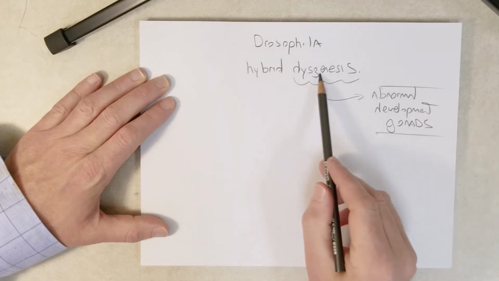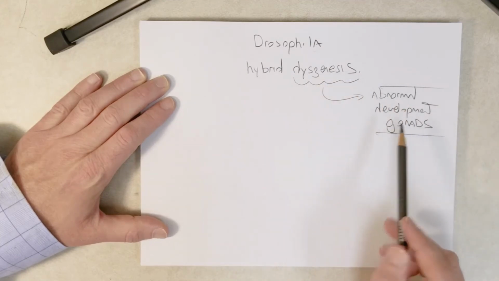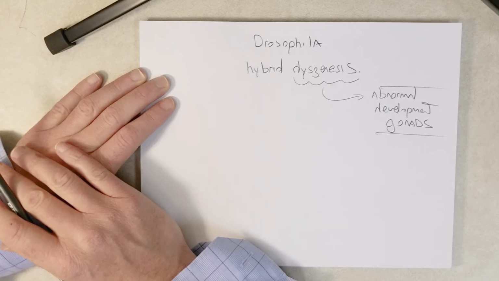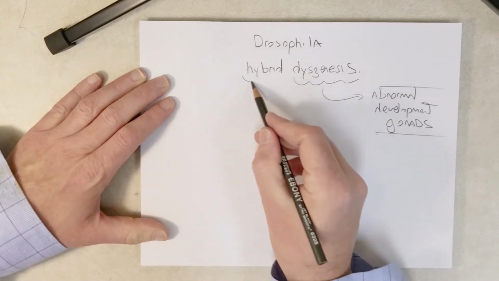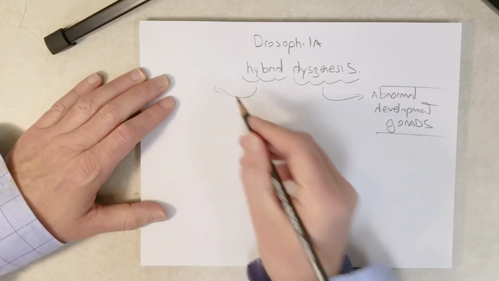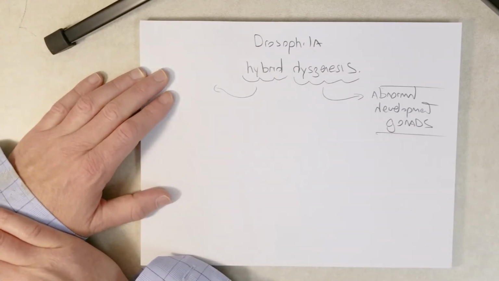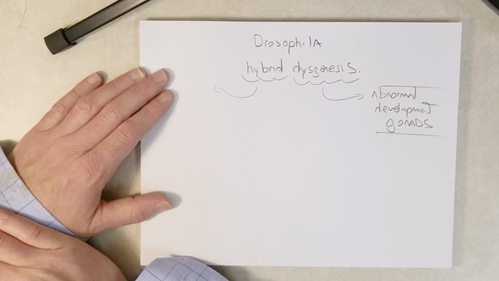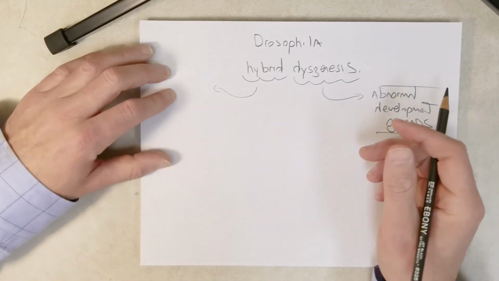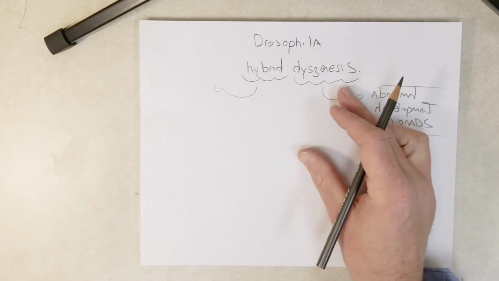So dysgenesis refers to the abnormal development of ovaries and testes and things like that. Now the hybrid part is sort of like, if you remember from introductory genetics, how Mendel had true breeding lines of pea plants. Tall pea plants, when crossed to other tall plants, always made tall progeny. And dwarf pea plants, when crossed to other dwarf pea plants, always made dwarf progeny.